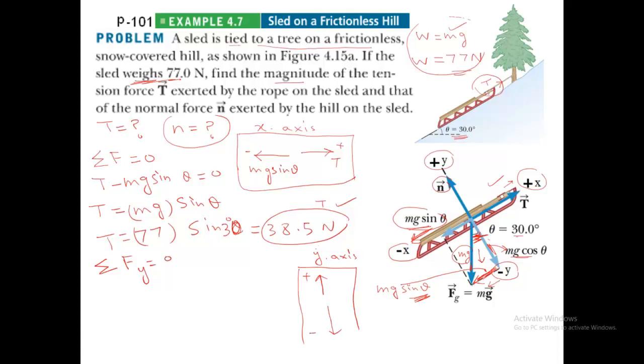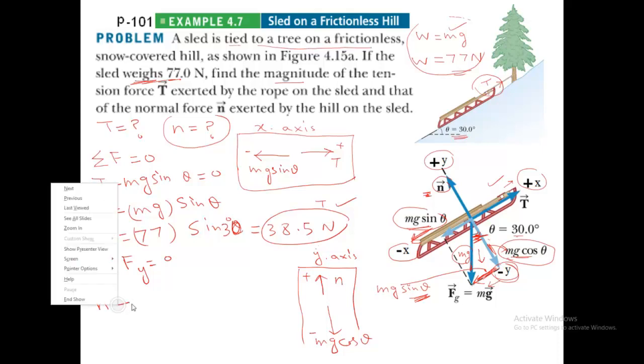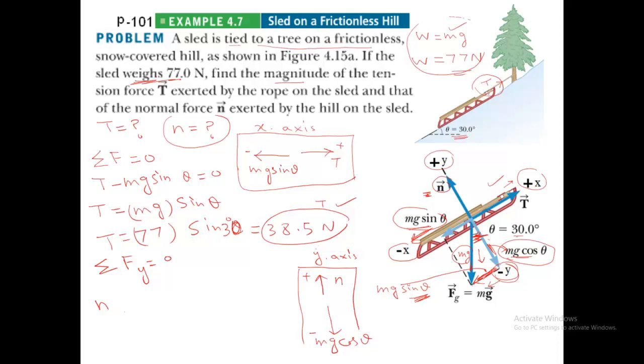Now on the positive y-axis you have the normal force, N. And on the negative y-axis you have this force, mg cosine theta. So the positive force minus the negative force, N minus mg cosine theta, is equal to 0.